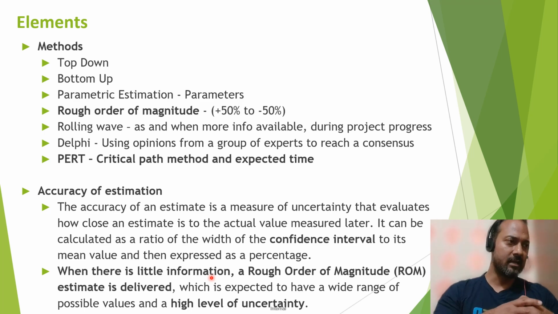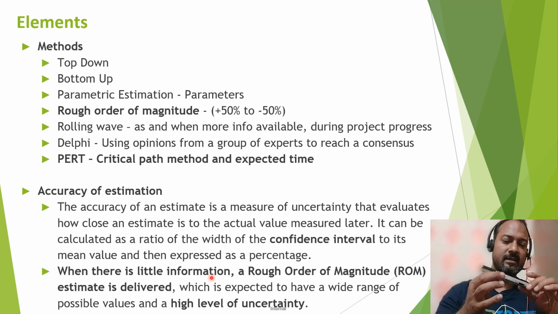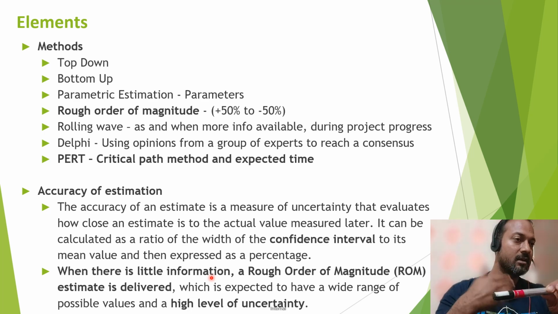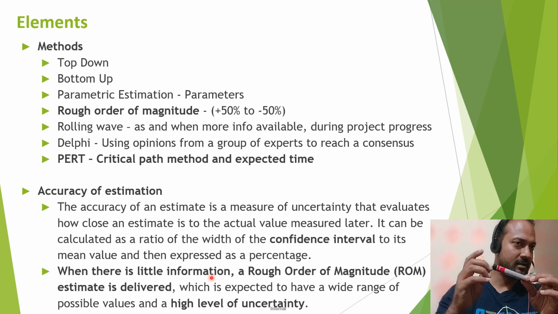So if we say, okay, can you estimate the price of this marker, right? The price is hidden somewhere here, and we say, you can guess the price. If you say this is $10, then we would ask, based on a rough order of magnitude, how much will this cost?